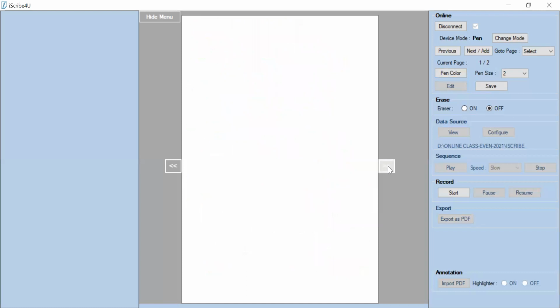So first let us write the given vector. Solution: the given vector is vector A equals xy i cap plus y square z j cap plus z square y k cap.